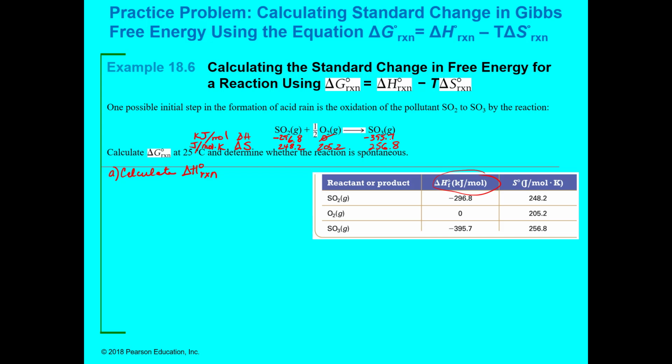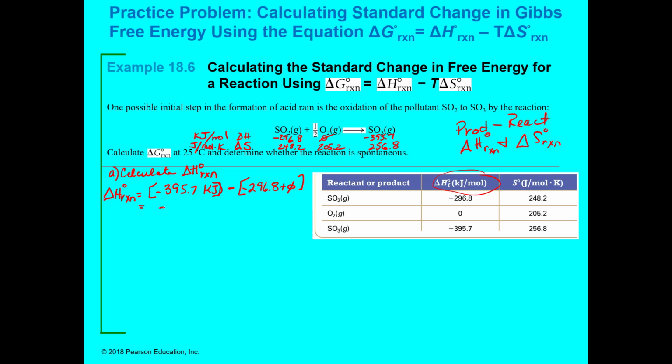And so just like we've already learned, we are going to do our products minus reactants to get your delta H and your delta S. Okay, so my delta H0 of reaction is going to be equal to a negative 395.7 kilojoules minus a negative 296.8 plus 0 kilojoules.